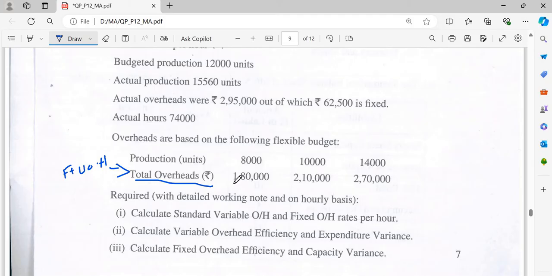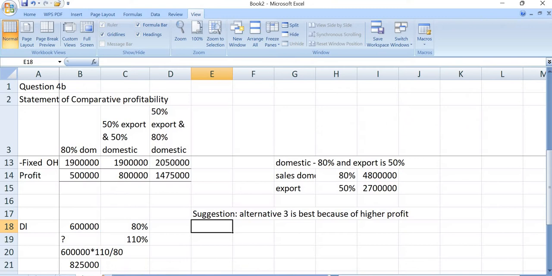Here they have given fixed and variable. That is like semi-variable overhead. So we will be splitting variable overhead in that. For that, we will be using one formula.